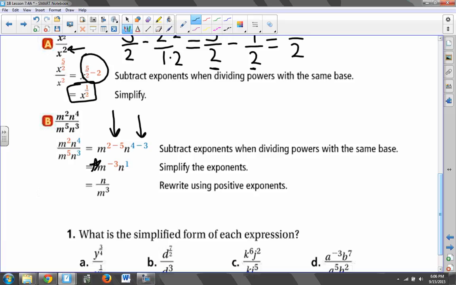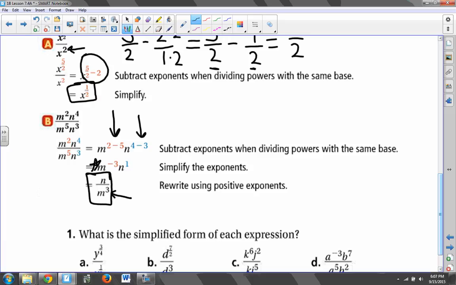So, instead of saying m to the negative 3rd times n to the 1st, we're going to move the m to the negative 3rd to the bottom of a fraction, and now rewrite it with a positive 3 exponent right there. Our n stays on the top, and you could write n to the 1st power, that's fine. But n to the 1st is really just one n listed out, so usually we just write n all by itself.